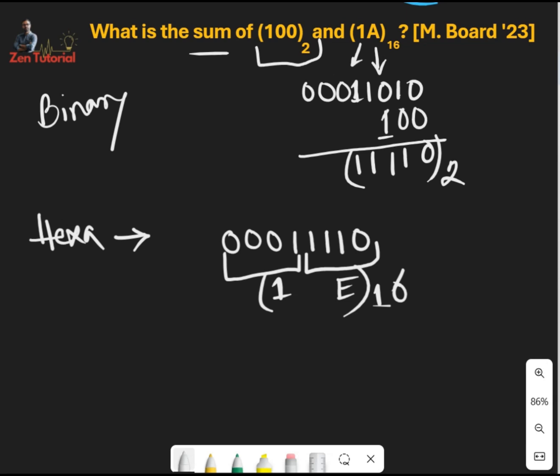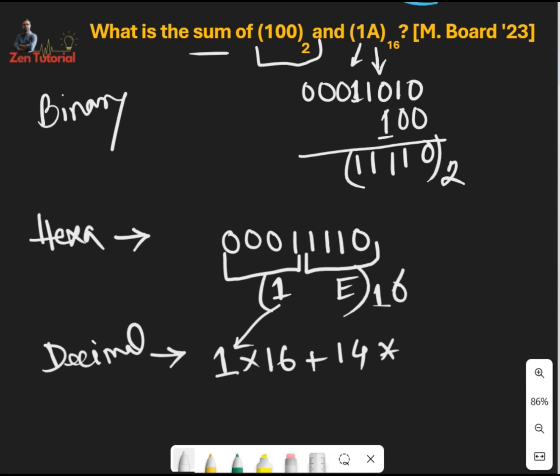Now time for decimal number. So convert from hexadecimal to decimal. So 1 times 16 plus E represents 14 and the base is 16.